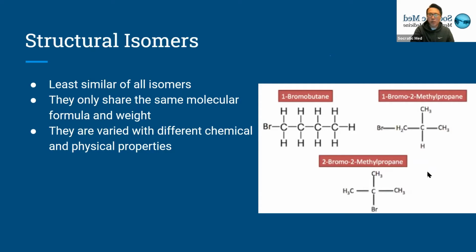But because of their connectivity, they all look pretty different, and that leads to them having different chemical properties as well. So these are structural isomers. They're the least similar of all isomers.